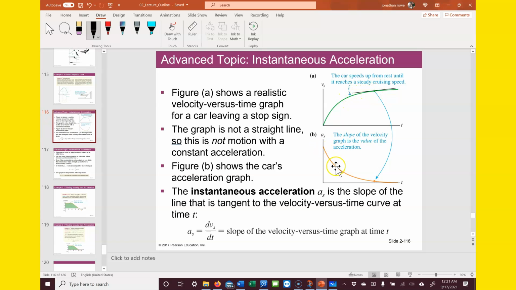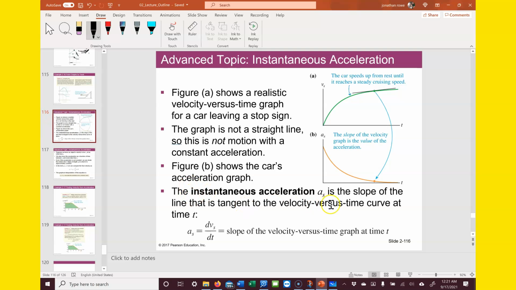Which means the value of acceleration is getting closer and closer to zero. Every slope here is associated with the value here. So if this is a slope of 12, this would start out at a value of 12. If this is a slope of 6, this would be down at a value of 6. If this is a slope of 1, this would be down at a height of 1.